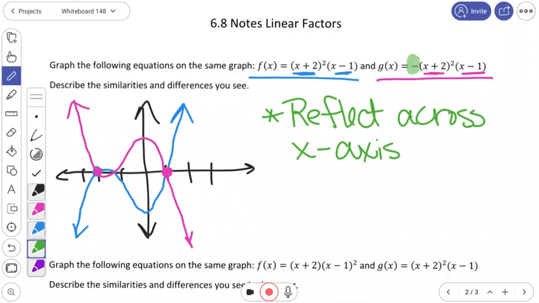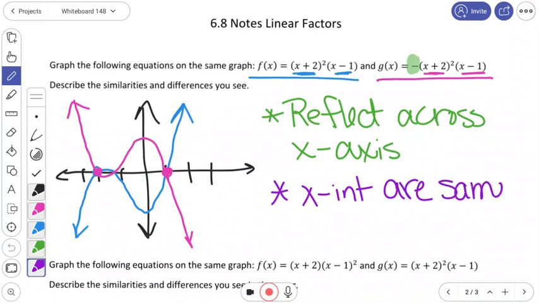But because those factors were the same, we know our x-intercepts are the same. And one more thing, if you look at your end behaviors, you can tell that they are going in the opposite direction.